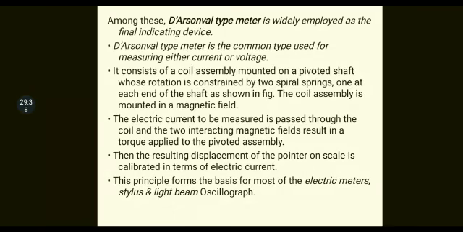How much torque is developed with respect to the input signal is shown by the displacement of the pointer across the scale from 0 to some point, which we measure, and in terms of electric current we calibrate and give the answer.